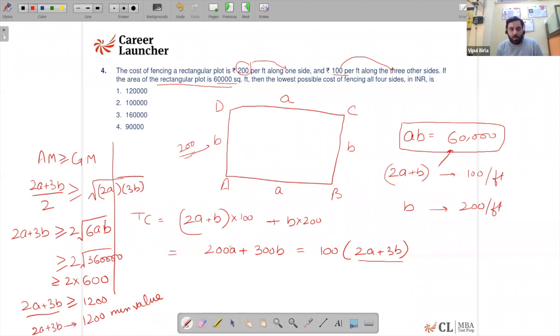Now, I know if this is minimum, the total cost, which is 100 times of that, will also be minimum, which is 100 times 1200, coming out to be 1 lakh 20,000, which is option number 1, right? So the question was not tough. It was nothing but the application of AM-GM, and using that, we are able to solve this.